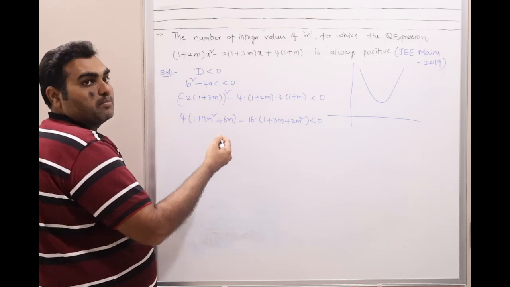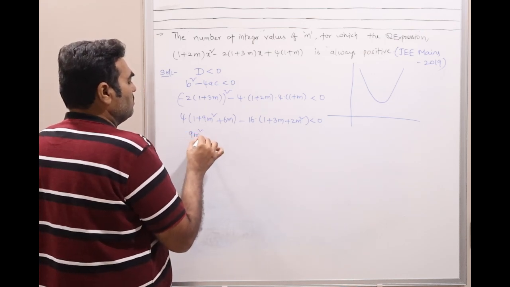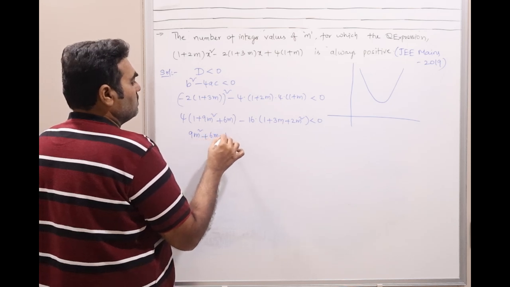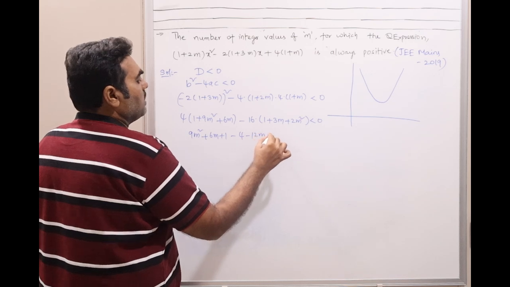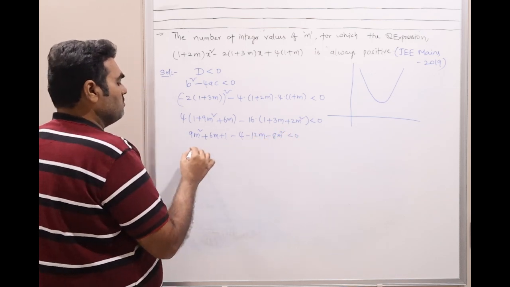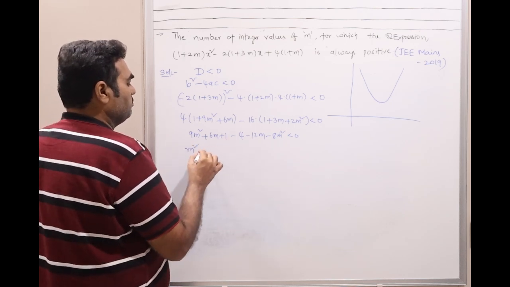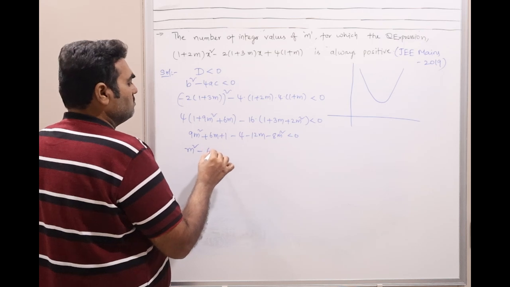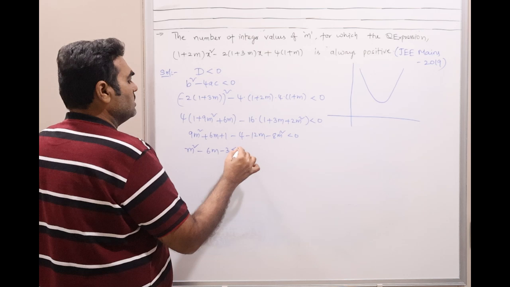So 4 I can take common and cancel. So I will get 9m² + 6m + 1 − 4 − 12m − 8m² is less than 0. If I simplify this, I will get m² − 6m − 3 is less than 0.